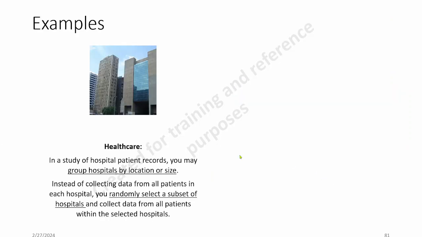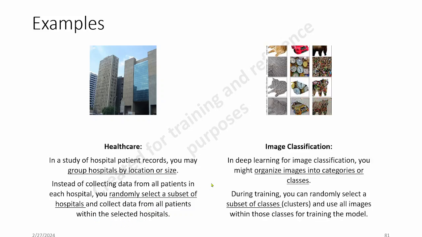In the healthcare field, with hospital patient records, you may want to group the hospitals by location or by size. Instead of collecting data from all patients, we randomly select a subset of hospitals, then collect the data from all patients within the selected hospitals.